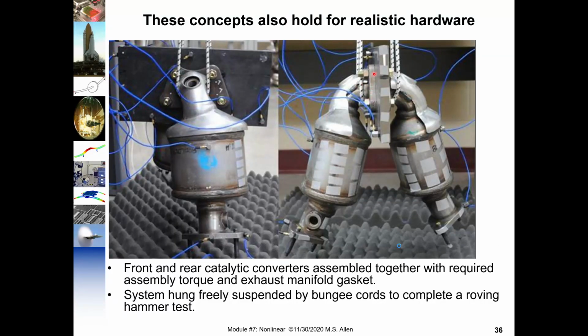Here's another example, 2 catalytic converters from an automotive exhaust system. These would usually bolt on either side of the engine. Here, we replace the whole engine with just one little piece of metal. But you still get interesting dynamics of these flexing back and forth when it vibrates.